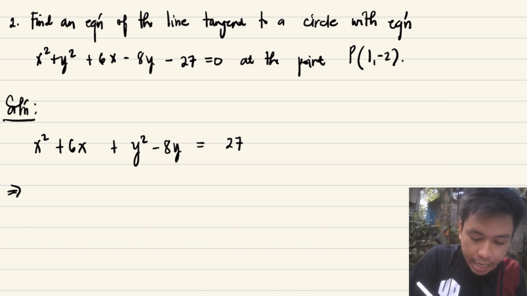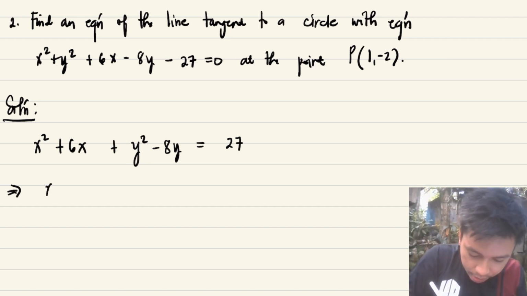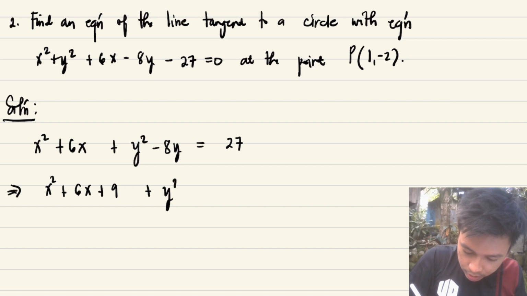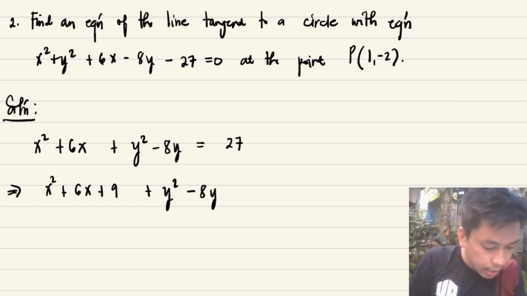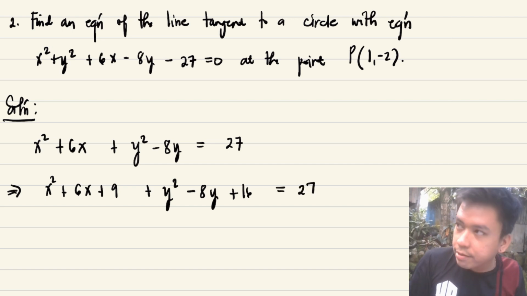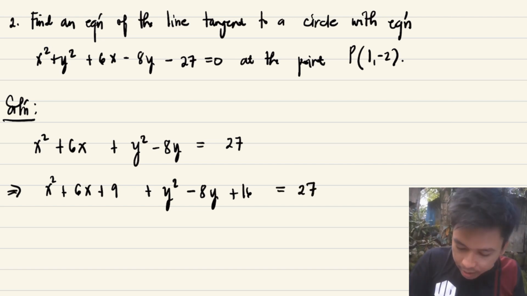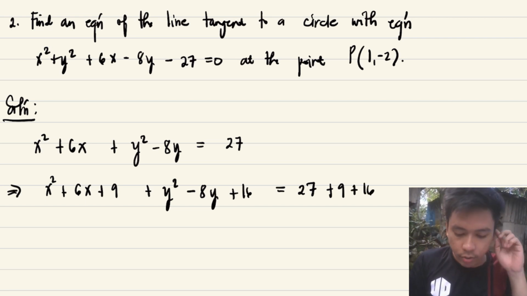The only way to do that is to add 9 here and add 16 here, and so the right side of the equation should be added by 9 and 16 as well to maintain the equality.